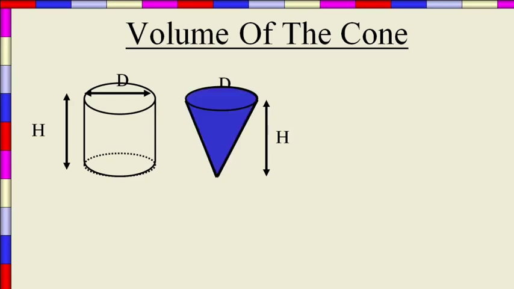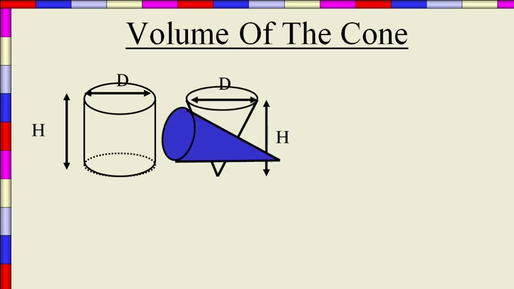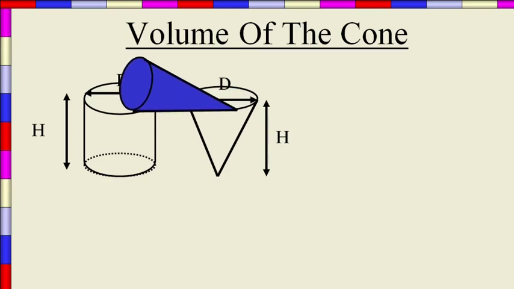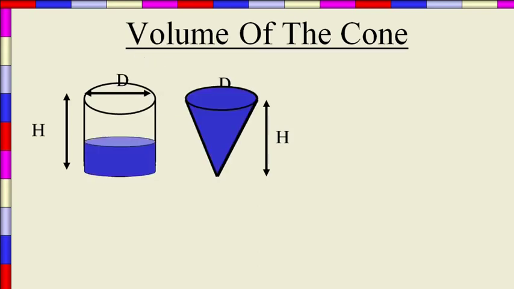So if I fill this cone with any fluid or any substance, and if I pour this substance or fluid in my cylinder, I need to repeat this process 3 times to completely fill this cylinder, and that is the exact relationship between cylinder and cone.